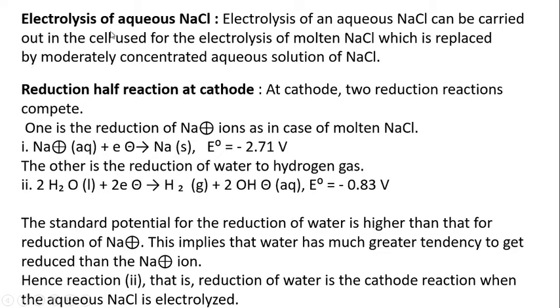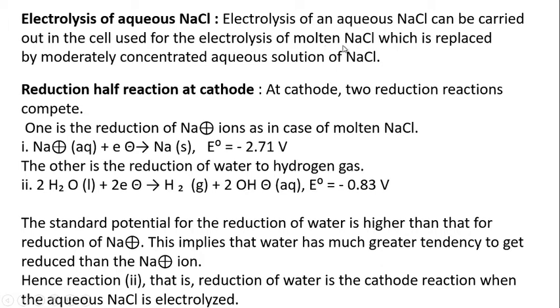Now we are going to see the electrolysis of aqueous NaCl. In this electrolysis, a moderately concentrated solution of NaCl in water is placed in the same cell used for the electrolysis of molten NaCl.